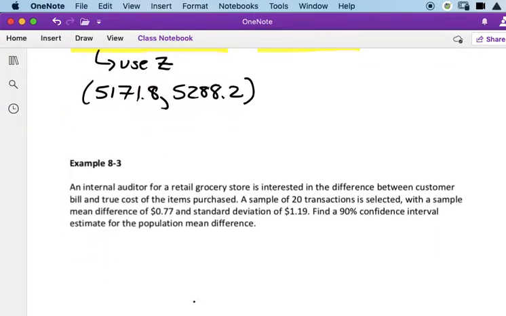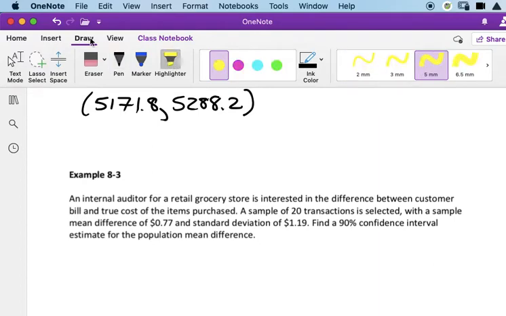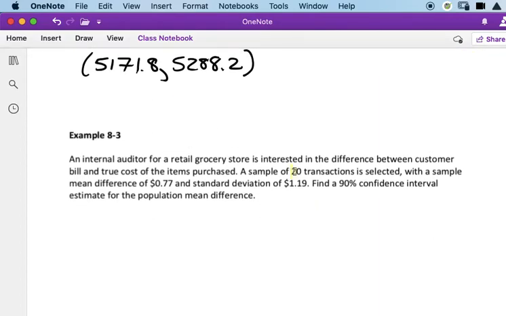Now let's look at example 8.3. We have an auditor for a grocery store, and they are interested in the difference between customer bill and true cost of the items. We have a sample of 20 transactions, so that's my sample size. Sample mean of 77 cents. And standard deviation of $1.19.